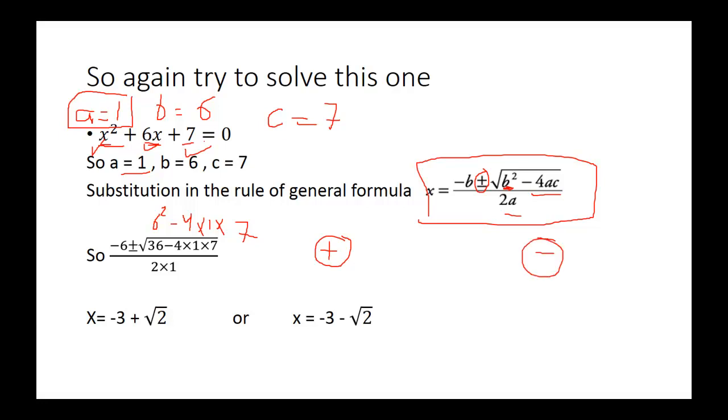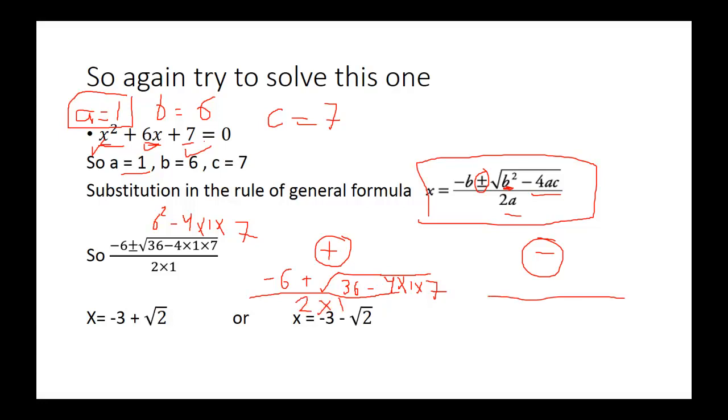So when you write this in the calculator, you write it like this: negative 6, positive only, square root of 36 minus 4 multiply 1 multiply 7, over 2 multiply 1.